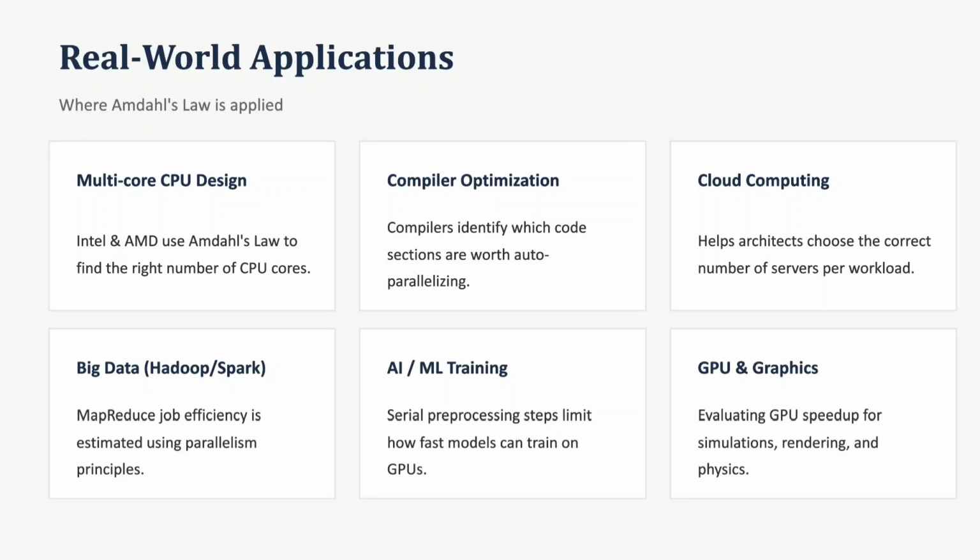In big data, MapReduce job efficiency is estimated using parallelism principles. It is also used in AI and ML training, where serial preprocessing steps limit how fast models can train. In GPUs and graphics, it is used for evaluating GPU speed up for simulations, rendering, and physics.